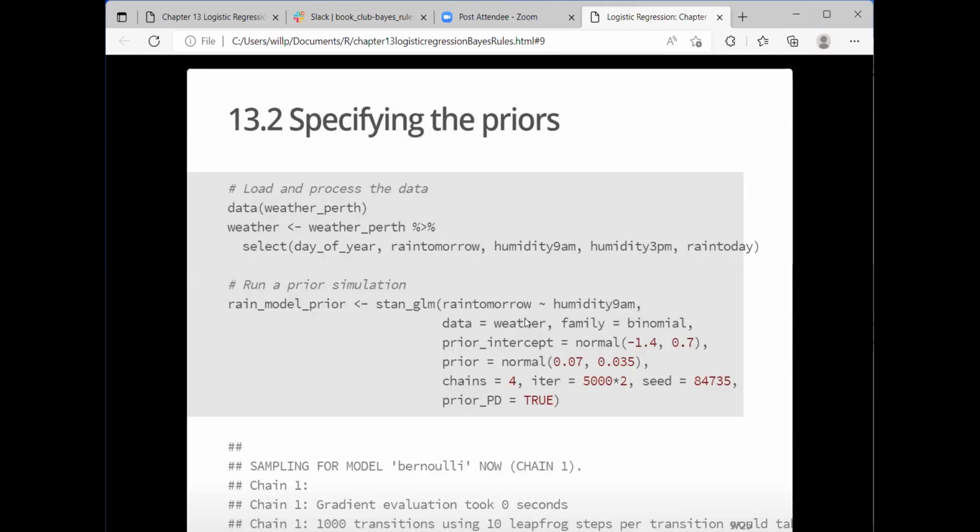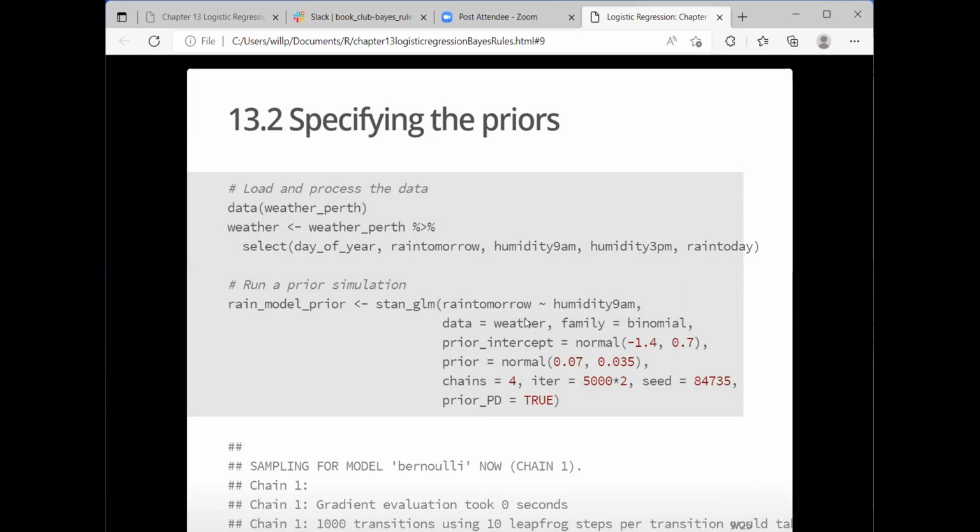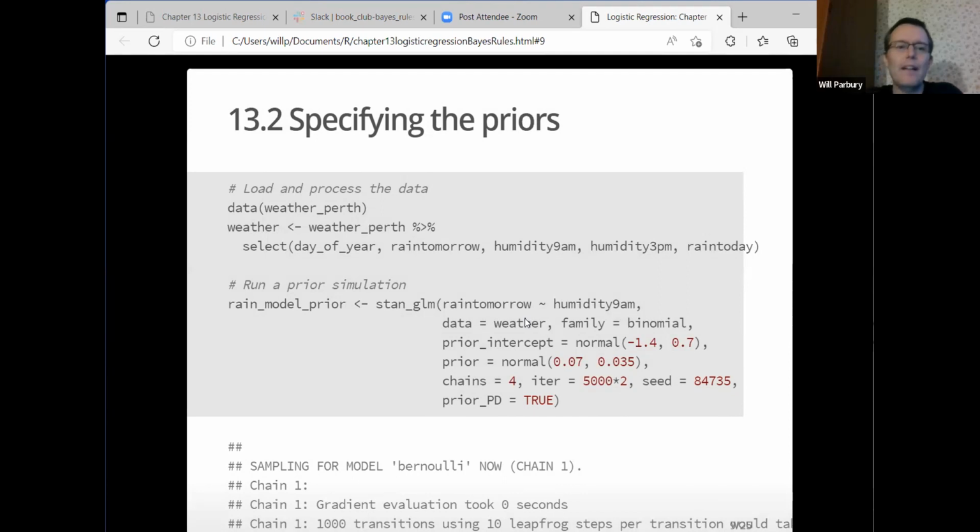I was cheating a bit and looking at Wikipedia, and at just a glance, it says a continuous distribution. Okay, so I guess binary outcome means discrete, right? Yeah, it's discrete rather than continuous.